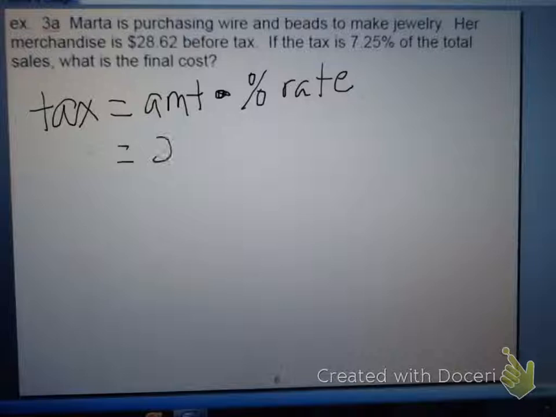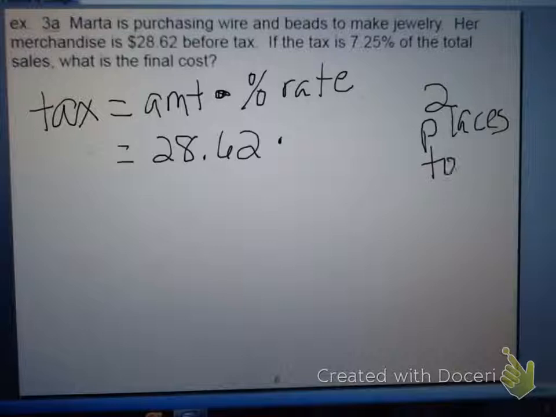So the cost of the item was $28.62 times, now percent. Remember to change a percent, you move the decimal 2 places to the left and drop the percent.